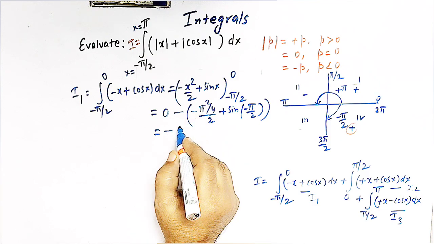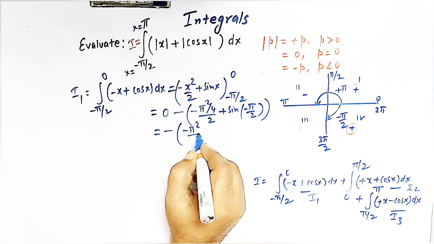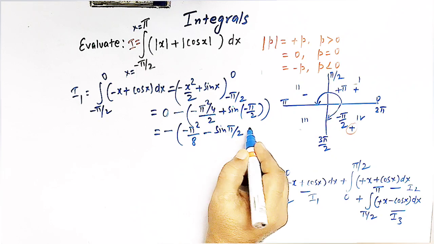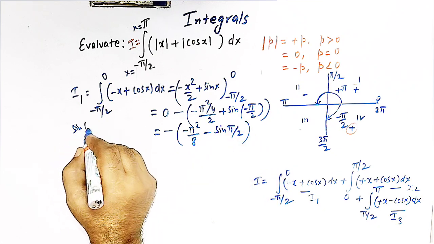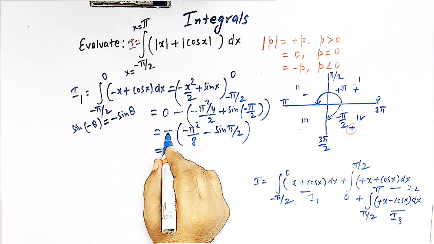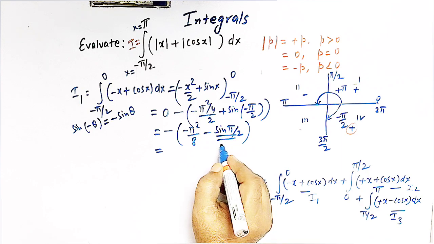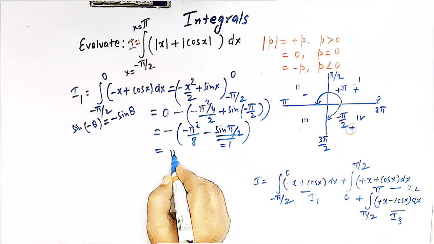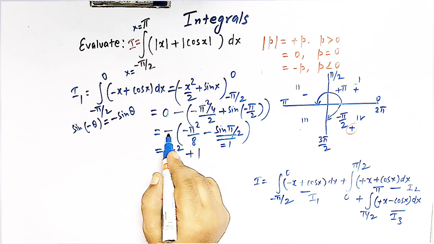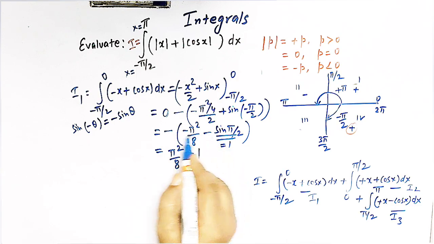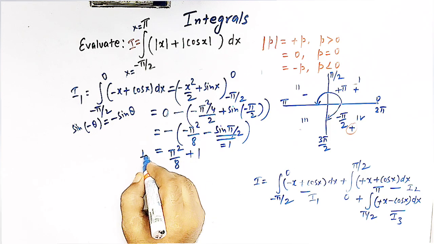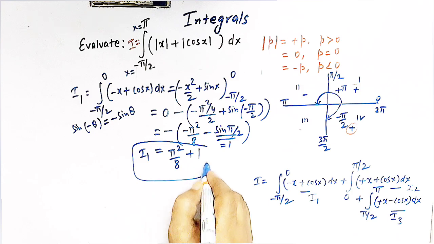So this is minus pi square over 8, and here we have minus sine pi by 2, because sine of minus theta is minus sine theta. So now sine pi by 2 is equal to 1. So we have minus pi square over 8 minus 1. Multiplying these with the negative sign, we have pi square over 8 plus 1. So this is the value of I1.